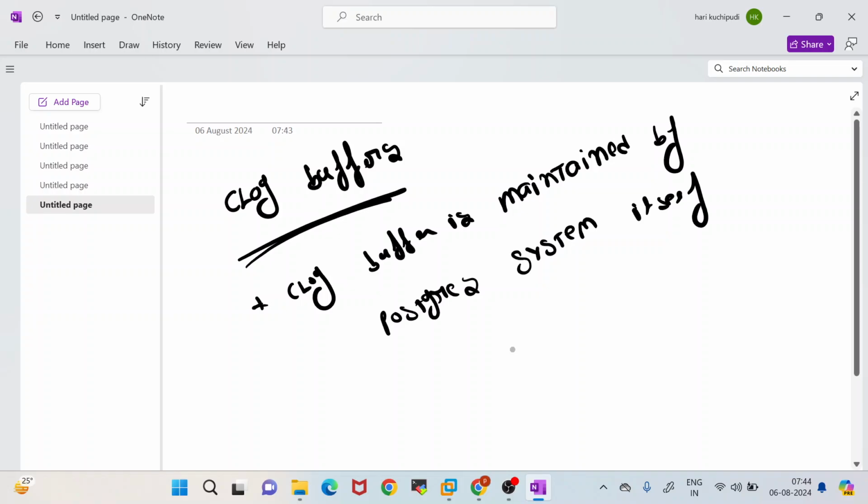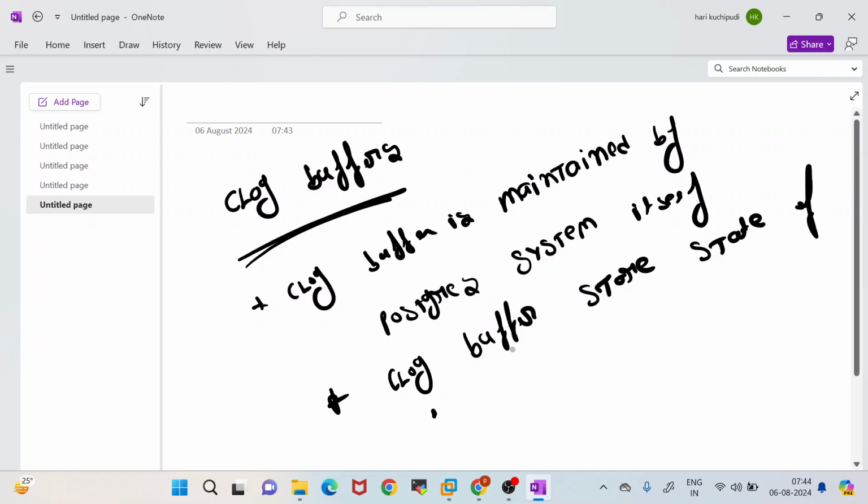What is the purpose of this clog buffer? The clog buffer stores the state of the transaction.